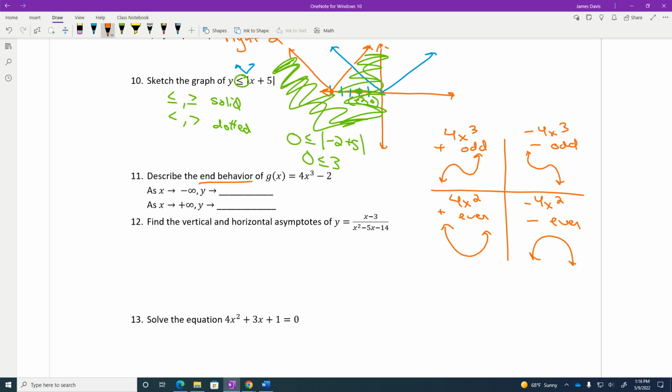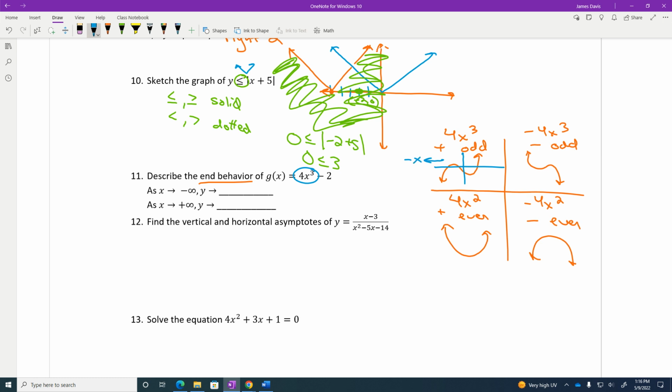Given those, what we then do is we look at what we're given. The highest term there is 4x cubed, so it's going to be positive and odd. It looks like this. You're going to draw a little coordinate point there. What this is saying is x goes to negative infinity, so this is the negative x direction.